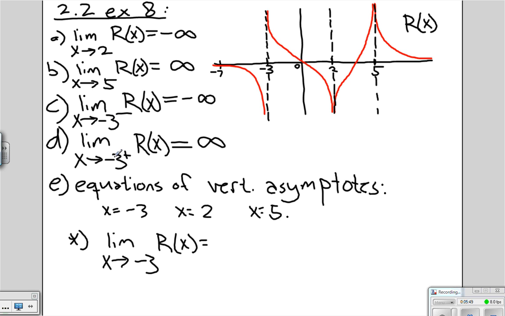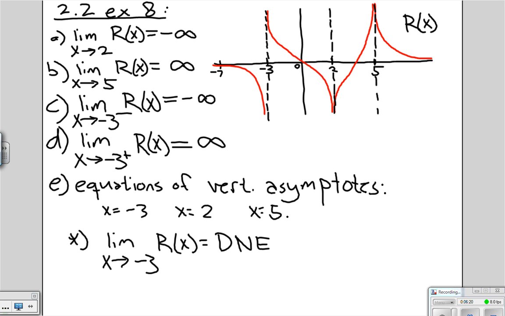Here we found the limit as x approaches -3 from the right. So it's common to ask what happens as you approach -3 from all directions. And then of course the answer would be that there is no limit, because if you come from the left you go to negative infinity, and from the right you go to positive infinity. Since the left and the right can't agree, we do not get a total limit. So there's no overall limit.